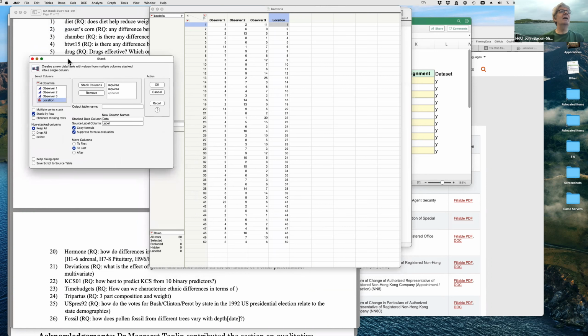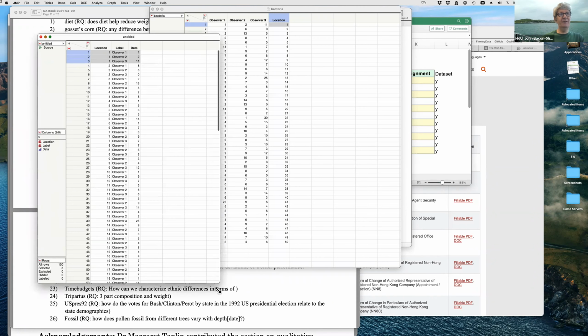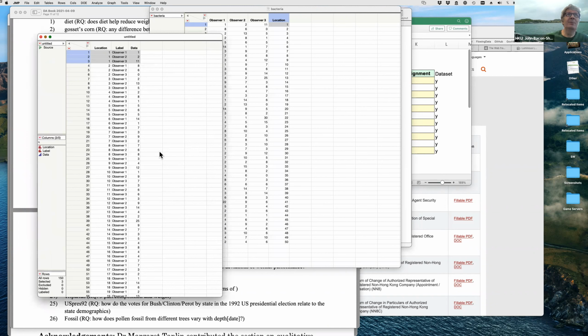So we want to stack our data. We want to stack 1, 2, and 3. Those are the 3 observers. These are the 3 columns of counts which we want together. We want to keep the non-stacked one, which of course is the location, because we want to be able to account for location. Let's see whether I've got it right. So I now have 150 data points.